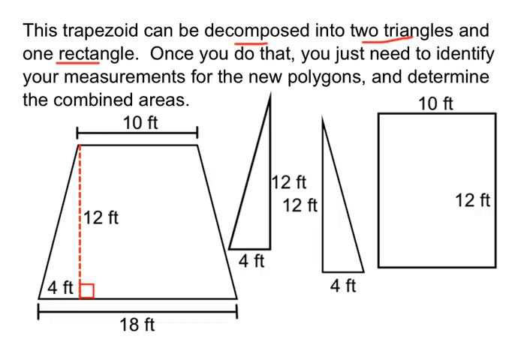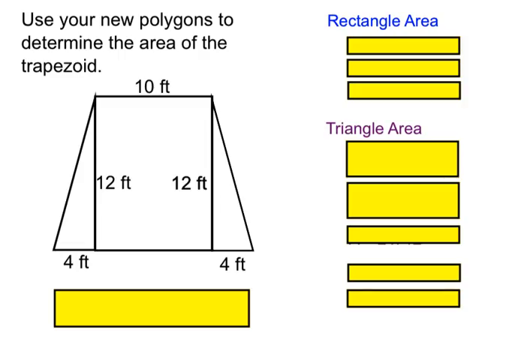So how does it look mathematically when it comes to finding the area? Use your new polygons to determine the area of the trapezoid. We have a rectangle inside here, and we know that we have 12 and 10 as our dimensions.